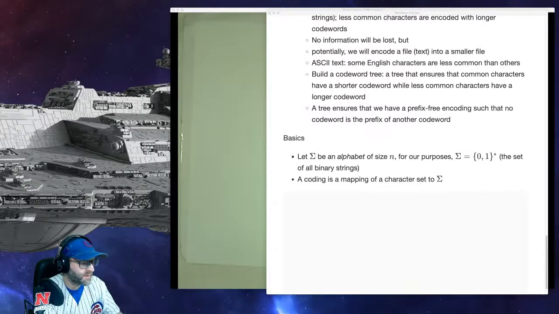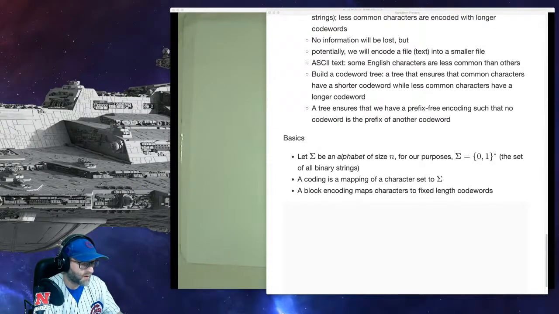So basically, what that means is that, for example, a block encoding or fixed length encoding scheme maps your characters to fixed length code words.